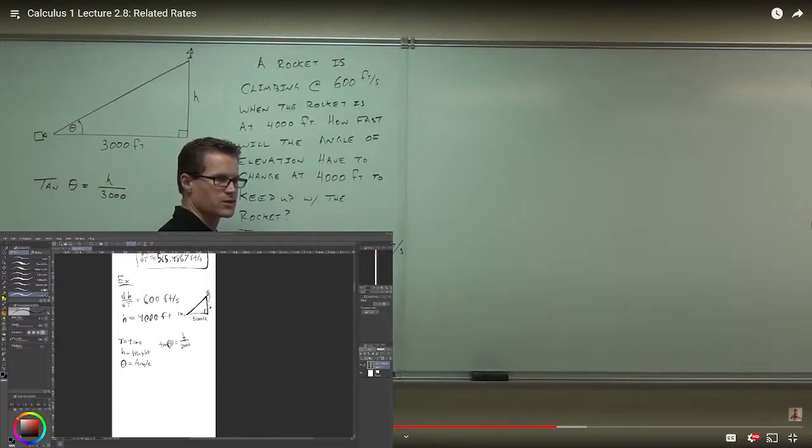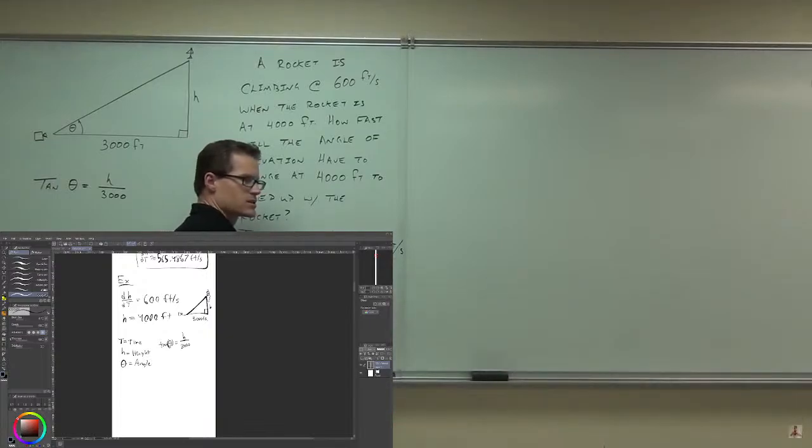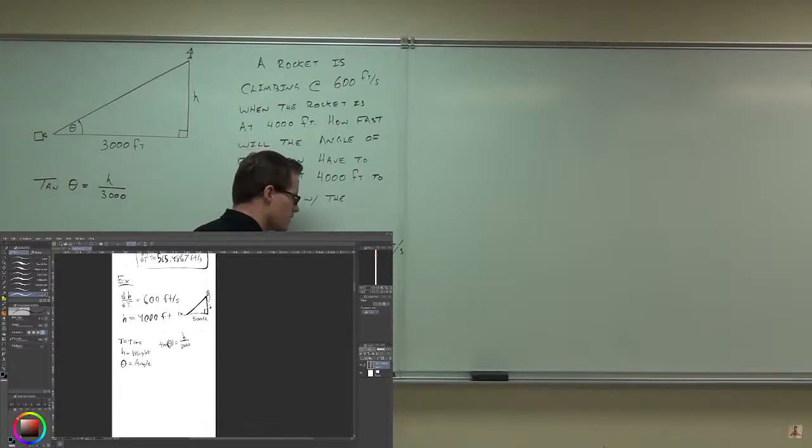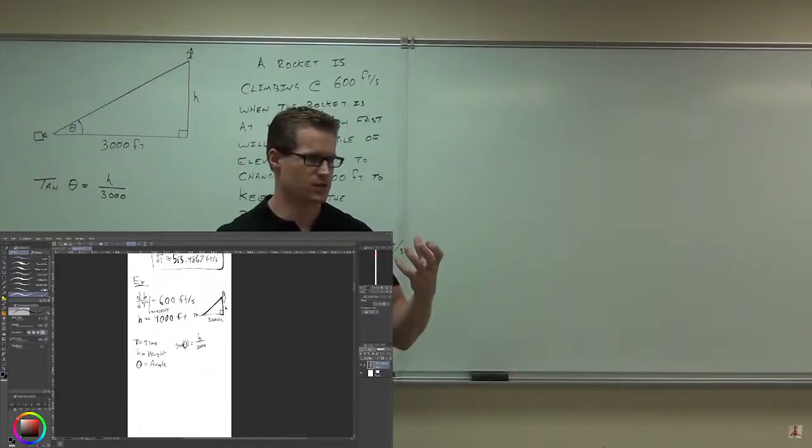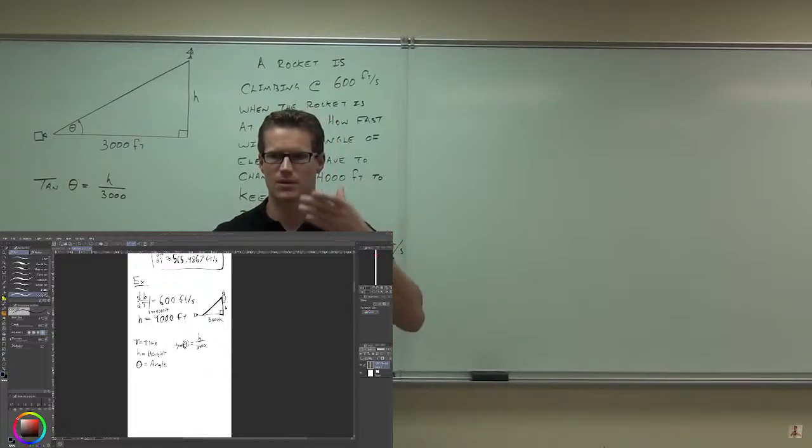Actually, we'll get a little bit more fancy. Is it a constant 600 feet per second? No. It doesn't say that. So it's defined specifically at 4,000 feet that it's climbing at 600 feet per second. Rockets, when you have a source of propellant, don't climb at the same rate.